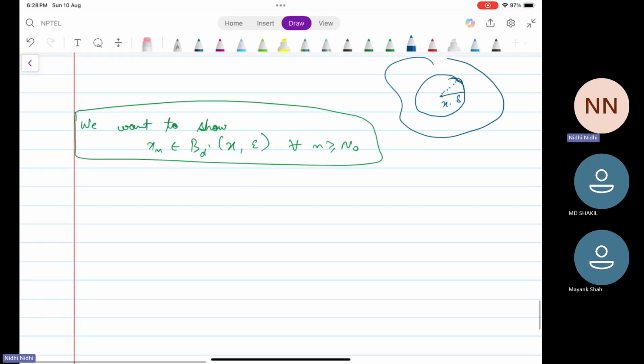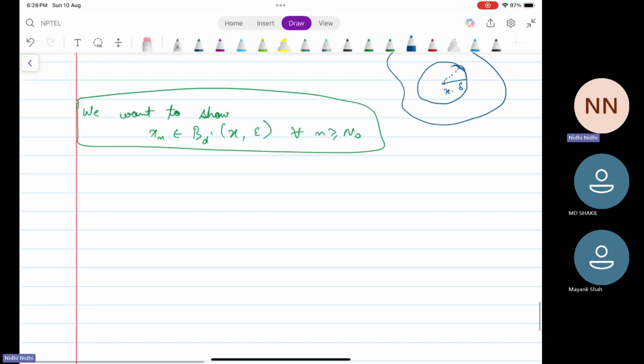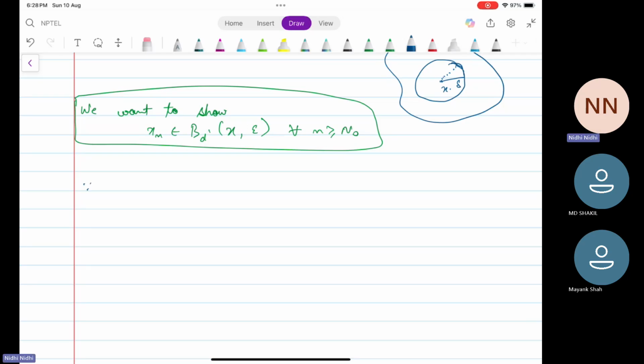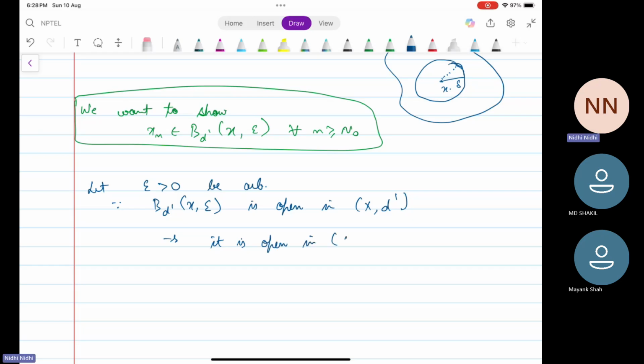Let epsilon positive be arbitrary. Since B_d'(x, epsilon) is an open ball in (X,d'), it is open in (X,d'). This implies it is an open set in (X,d) because both the spaces are equivalent.